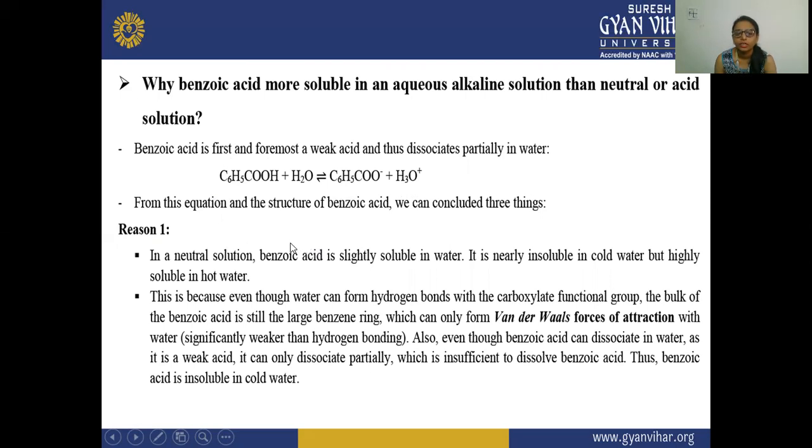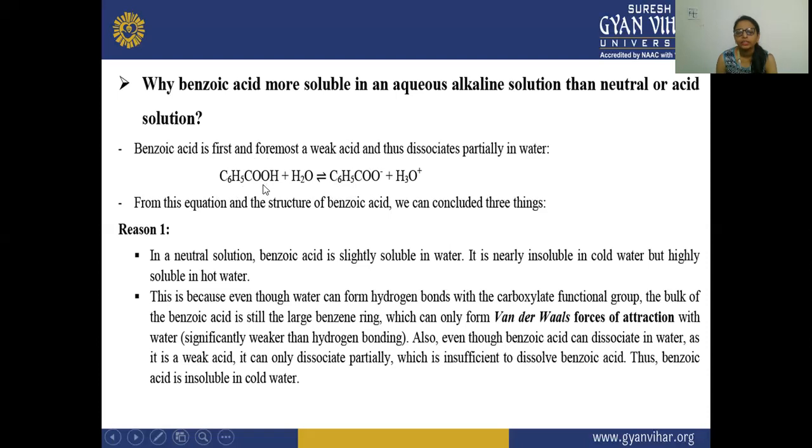This is happening because benzoic acid is slightly soluble in water and nearly insoluble in cold water. The carboxylate functional group forms hydrogen bonding with the water, but the large portion of benzoic acid is the benzene ring, which forms van der Waals forces of attraction with water, weaker than hydrogen bonding.